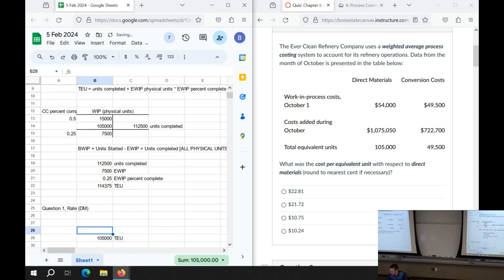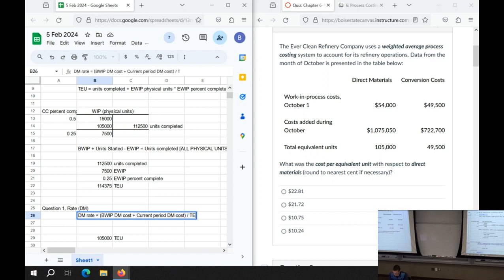As promised, I'll write that DM rate equals our total DM cost, which is defined as beginning WIP DM cost plus current period DM cost, divided by TEU.